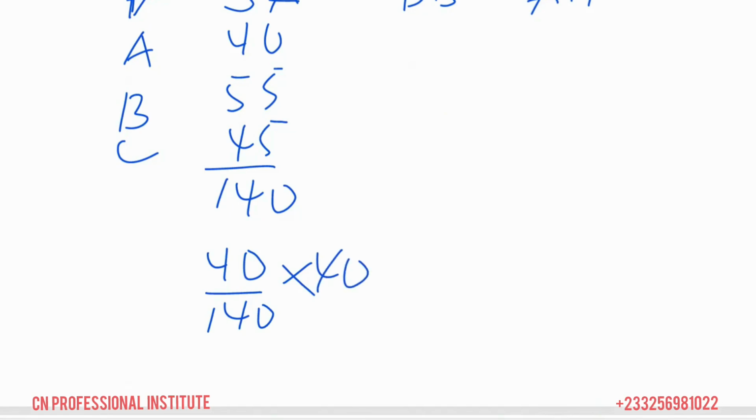Are you following? That's what we are going to do for all. B, you pick 55 divided by 140 times 100. Then C, you do the same.